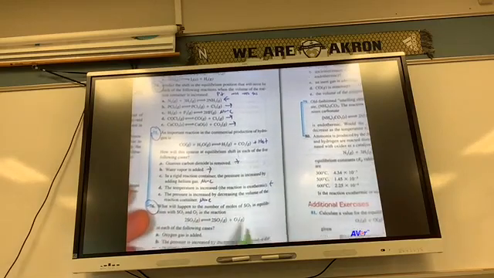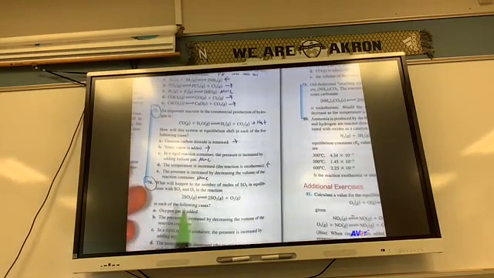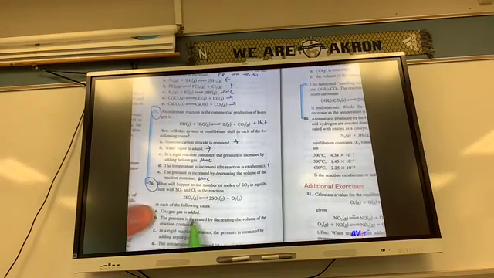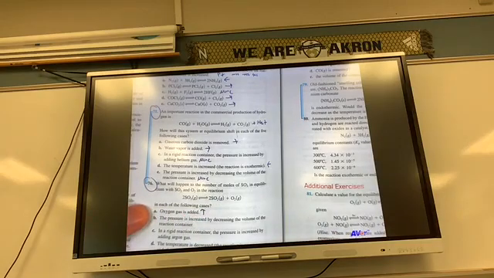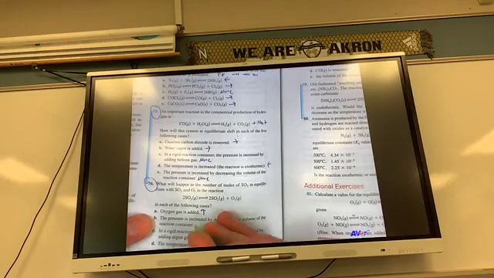76. What will happen to the number of moles of SO3 in equilibrium? Oxygen gas is added. That's more reactant, so I'm going to get more product, so it's going to increase. The pressure is increased by decreasing the volume. Pressure goes up, shifts to the side with the least amount, so it's going to shift to the left. So this one, it's going to decrease.